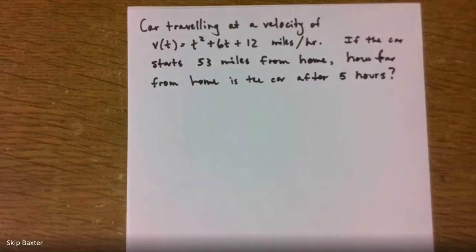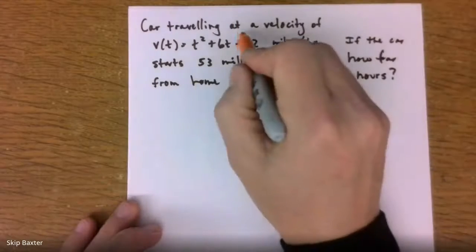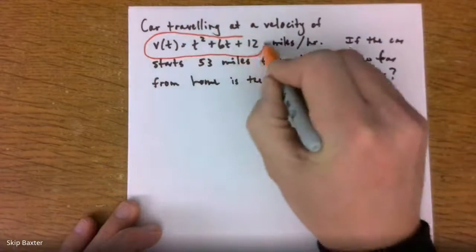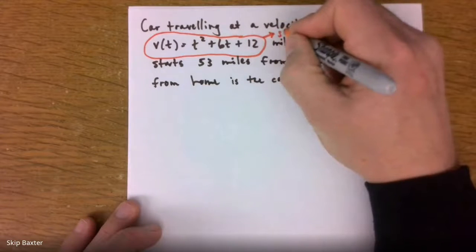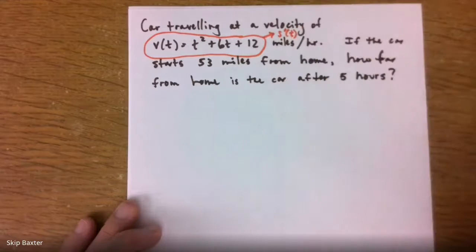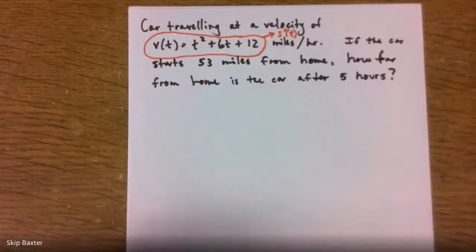When they're giving us velocity, they're really giving us the rate of change of position, right? This is like s prime of t, the rate at which the position or the distance from home is changing.